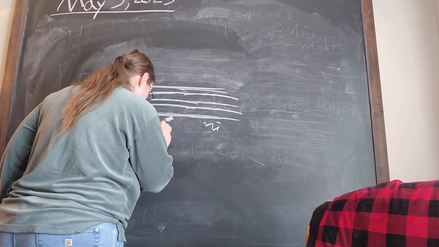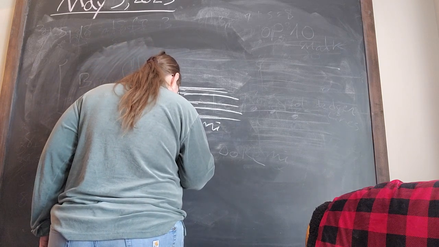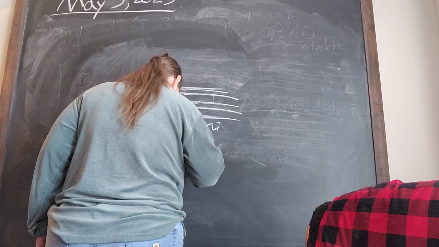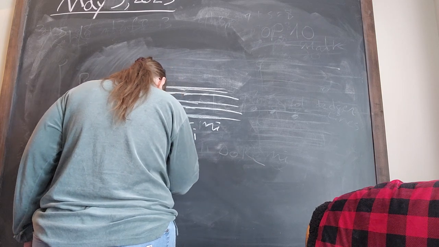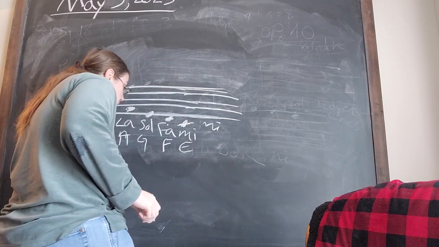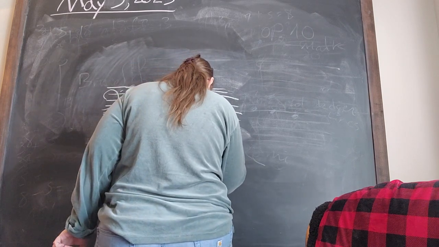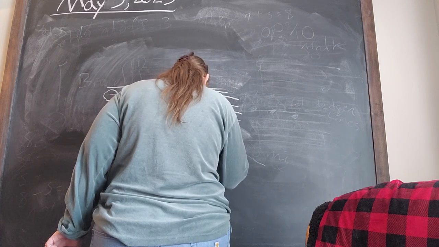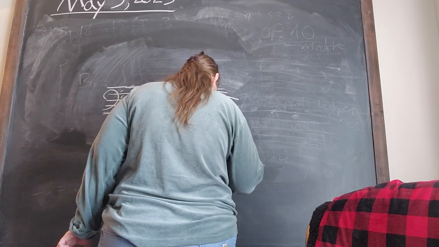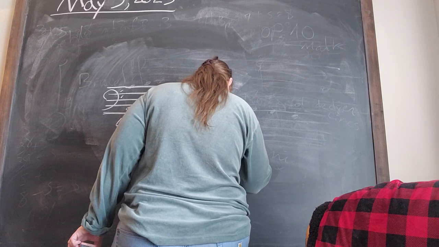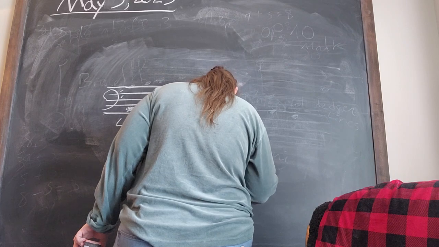Sol, this is Fa, and one ledger line below is going to be Mi, or E, and Fa is F. And 2 ledger lines below the first ledger line, that's Re, or D. 2 ledger lines below the bass is Do, or C.